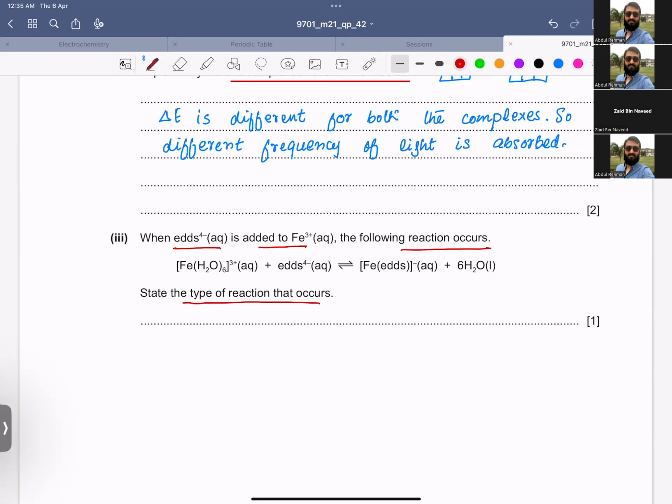If you see, the complex is aqueous. Ligand substitution reaction. Yeah, good. Ligand substitution reaction, because both the complexes are in their aqueous state and only the ligand is substituted from the complex.